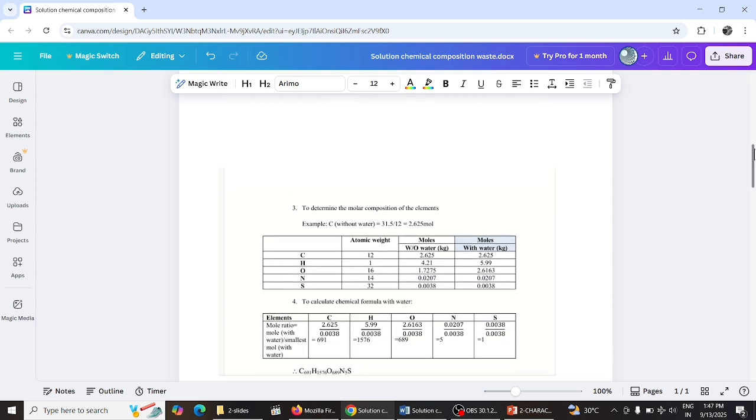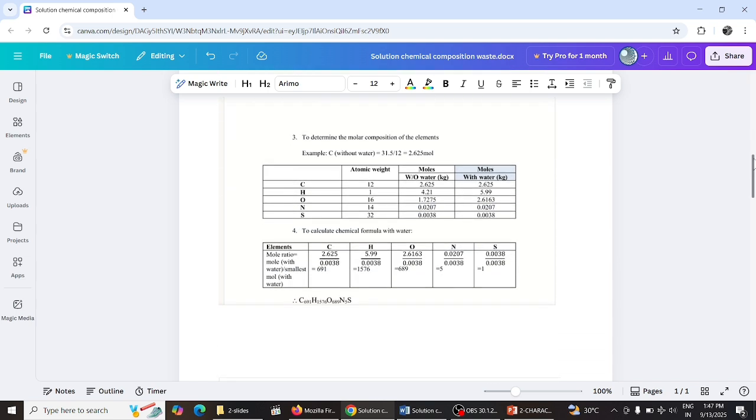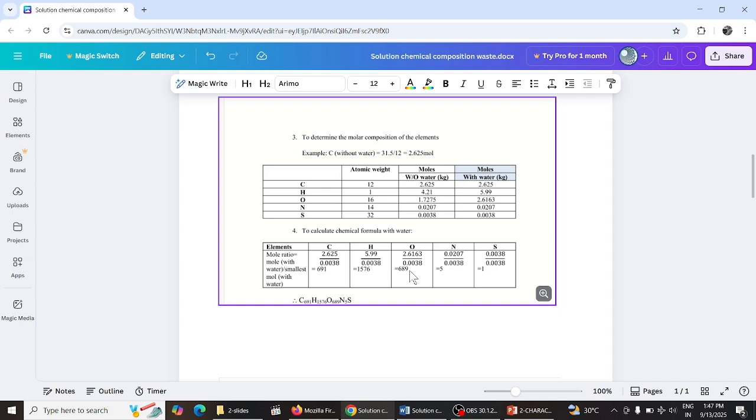Okay, now to calculate the chemical formula, what we need to do, as per the theory, is divide the moles by the least moles that an element has. So here in the first table, sulfur has the least number of moles, and in the second table also, sulfur has the least number of moles.